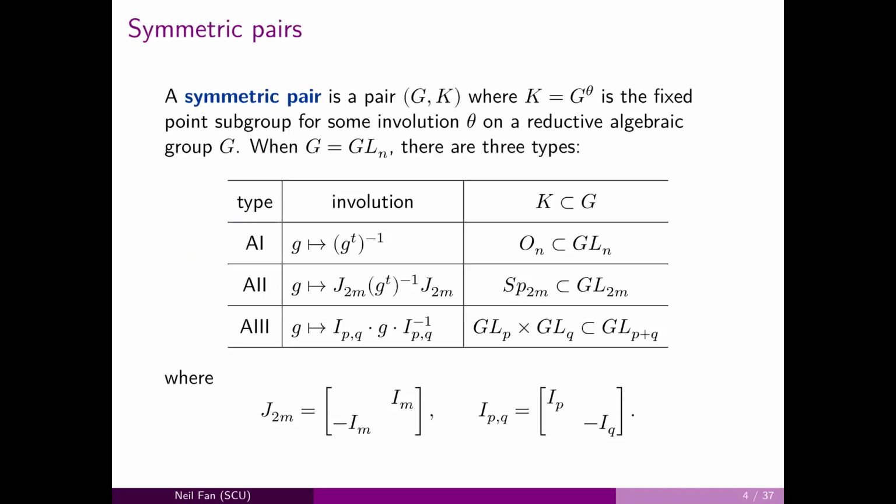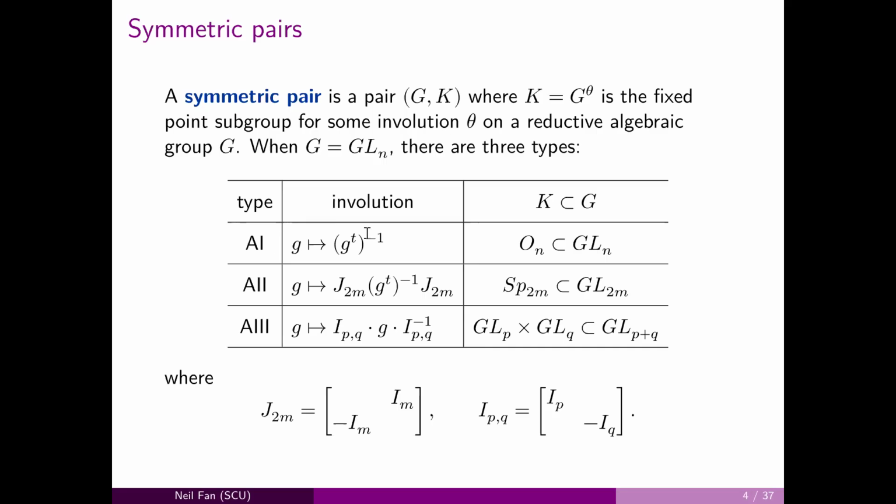Let us start with some theoretical background. A symmetric pair is a pair (G, K), where K is the fixed point subgroup of some involution theta on a reductive group G. When G is GL_n, there are three types of symmetric pairs.